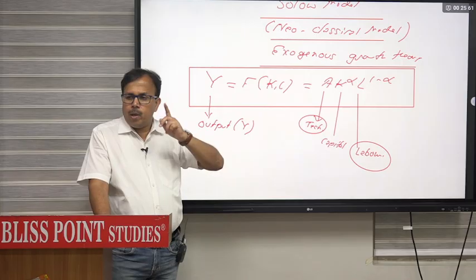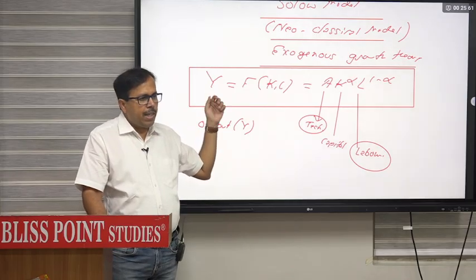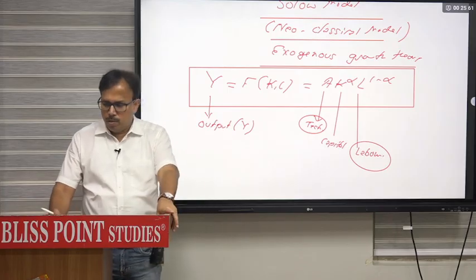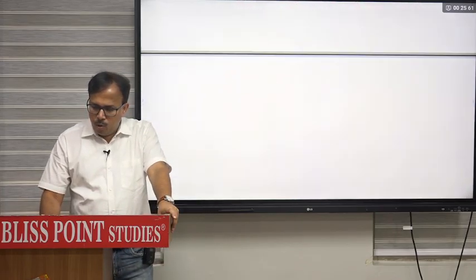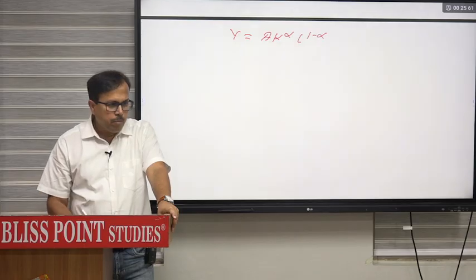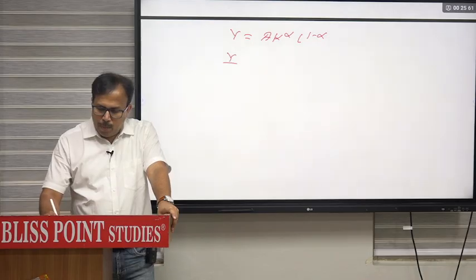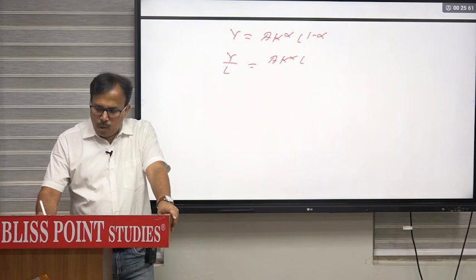GDP per capita is Y by L. If I simply divide by L, I will get the GDP per capita number. In terms of GDP, you have written Y equals A, capital to the power alpha, labor to the power 1 minus alpha. This is the aggregate function. And in terms of GDP per capita, that is Y by L, it will be A capital to the power alpha, labor to the power 1 minus alpha, upon L.